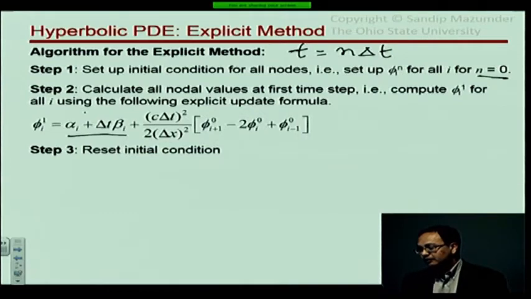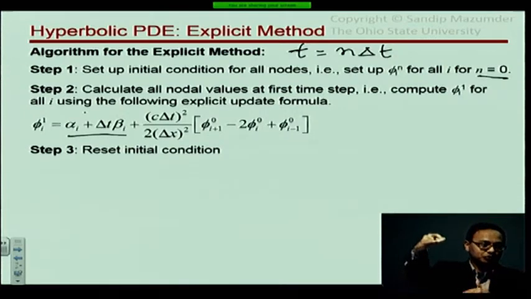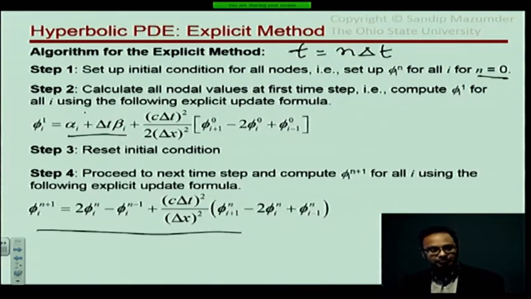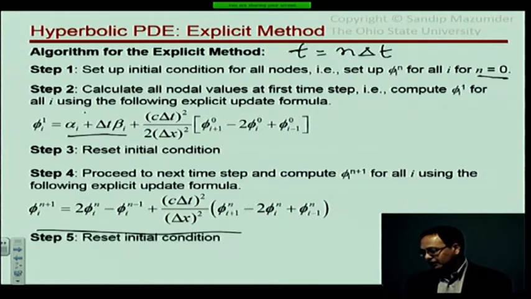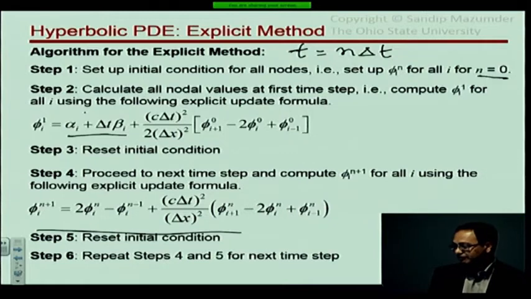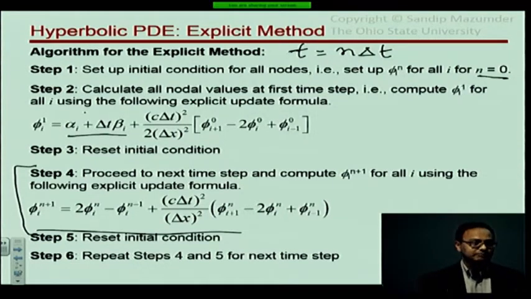Then once you're done with that, you reset your initial condition. So once you've solved for the first time step, that becomes your new initial condition, and you're ready to move on to the second time step. Okay. And for that, of course, we have a different formula than the first time step. And again, you reset your initial condition, and you repeat steps 4 and 5, which is these two, for subsequent time steps.